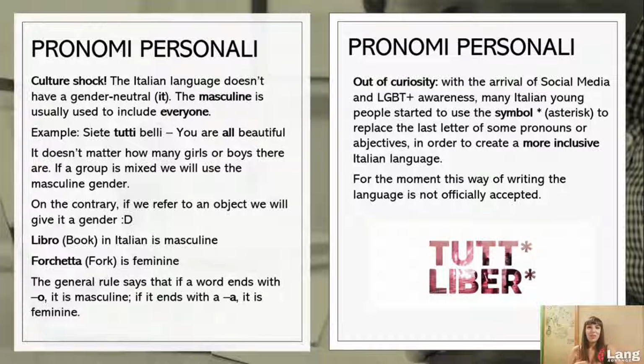Since our language likes to assume the gender of everything and everyone, now with LGBT plus awareness, many Italian young people started to use the asterisk to replace the last letter of some pronouns or adjectives in order to create a more inclusive Italian language. But for the moment, this is not accepted, and I honestly don't really know how you should read the words with asterisks.